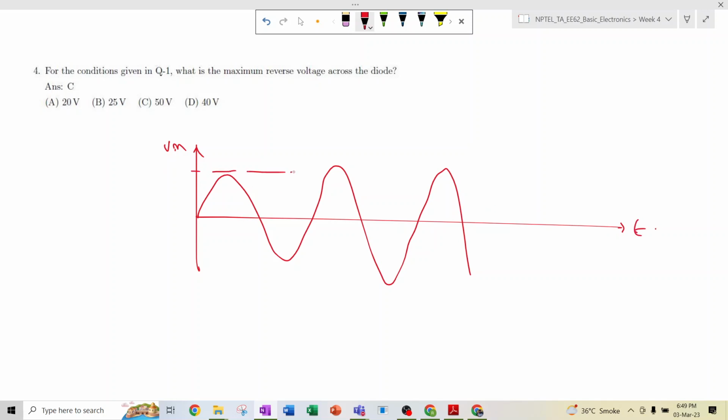So this is the Vm sin omega t, and this is the minus Vm sin omega t, that is 25, and this is minus 25. So for this region, capacitor gets charged and the diode is on, and through this region capacitor gets discharged and the diode becomes off.